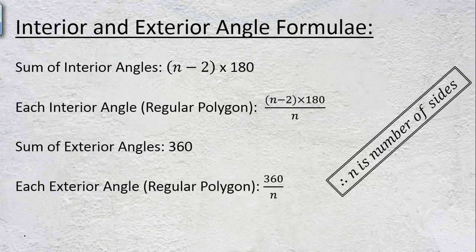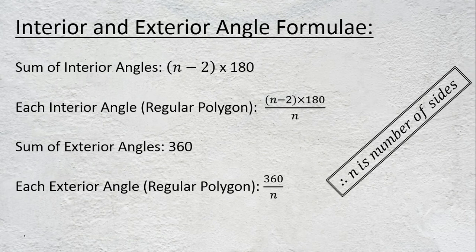Now, here we have different formulas which we use to find the interior and exterior angles of a polygon. First of all, if we have any polygon, we should know the number of sides of that polygon. If we have a quadrilateral, it means we have 4 sides. If we have a pentagon, then we have 5 sides.